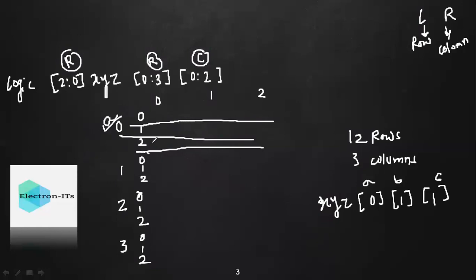Then 1, now you have to look at that only, but 1 is nothing but column, right? So this 1 is from this side, column. So that means this is nothing but B. This is B. And then C is nothing but the row, the first row. This is your C. So your element will be present here at this position, right?